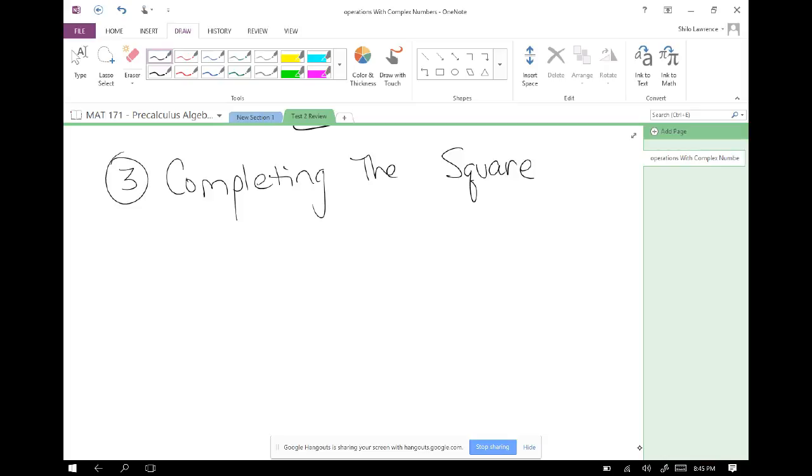The point of completing the square is to take a problem that has multiple x's in it and turn it into a problem that we can use the square root method on.